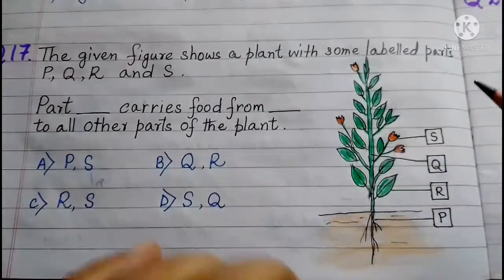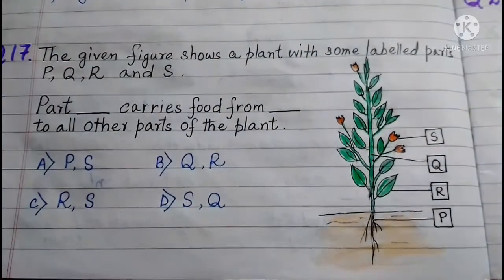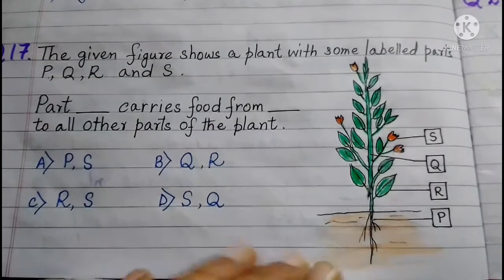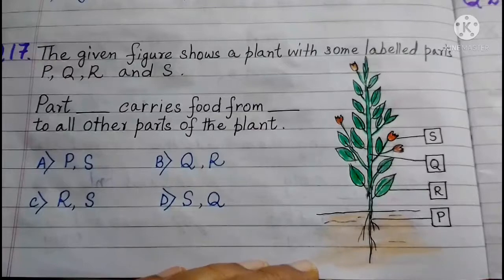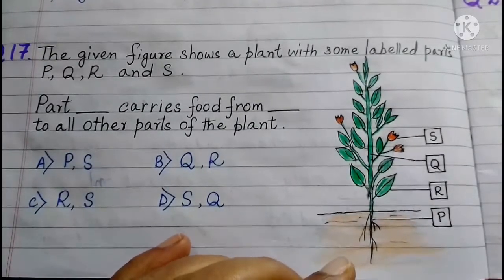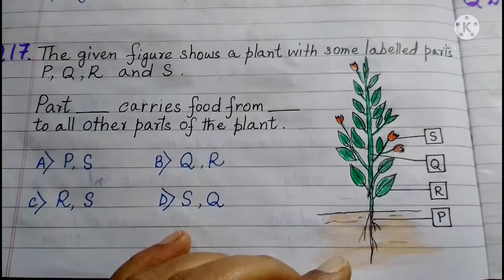So roots absorb water from soil so that the water can be used by the plant for its living. Q or stem carries food prepared by the leaves to other parts. R actually prepares food from water and minerals and CO2 in the presence of sunlight.